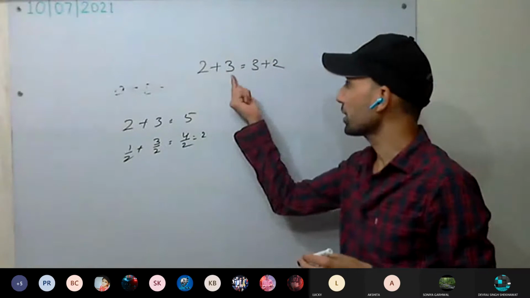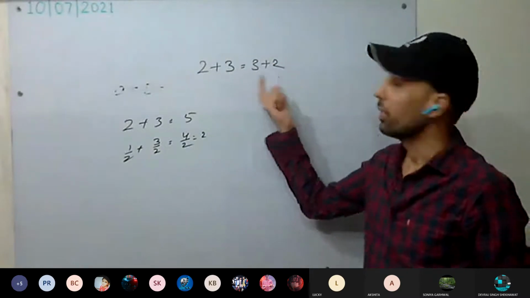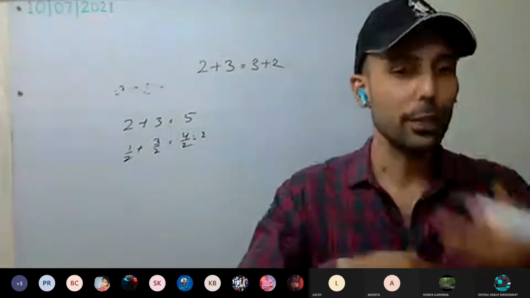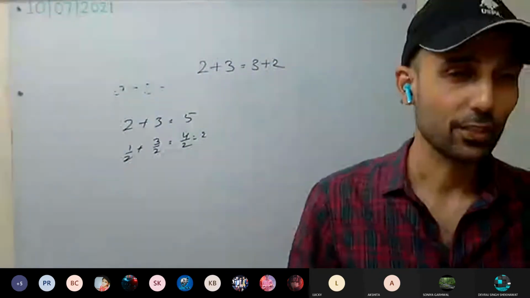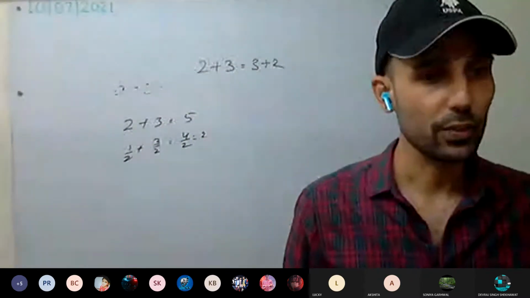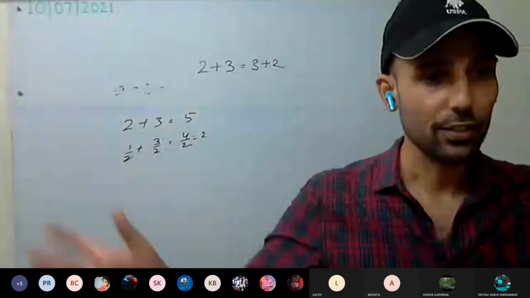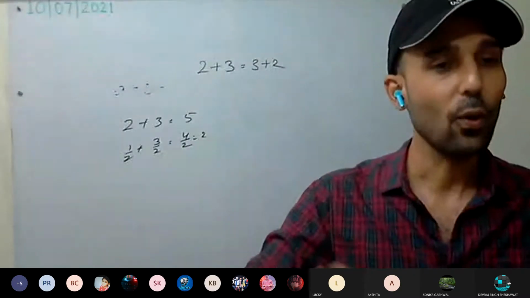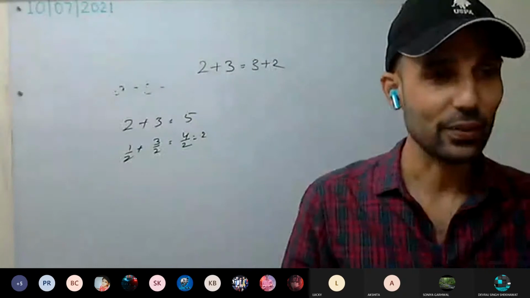Okay. 2 plus 3 is the same as 3 plus 2. Yes or no? Whether you add in any order, it doesn't matter. Whether you commute the metro in any order, it doesn't matter. Whether 20 friends are there, they may commute in any order to the metro. All are going to be added in the metro at last.